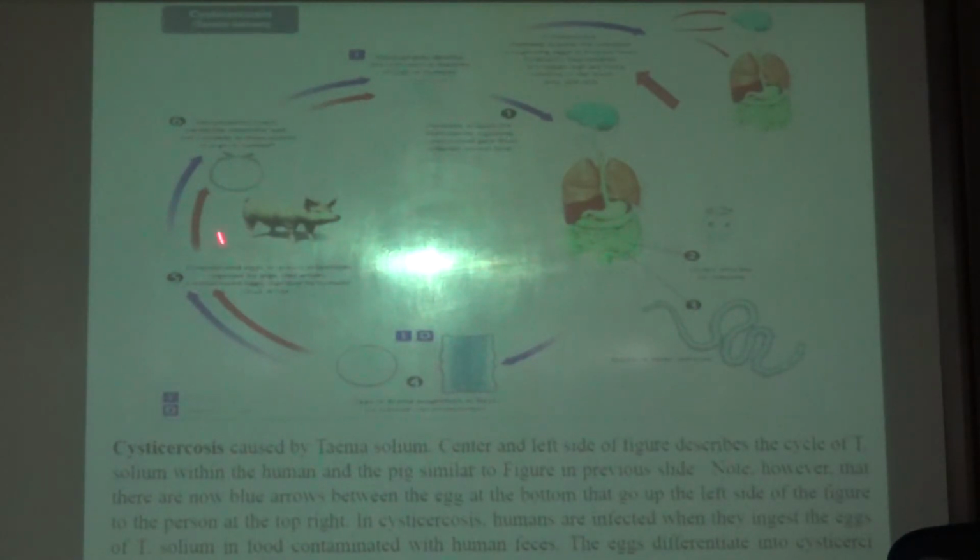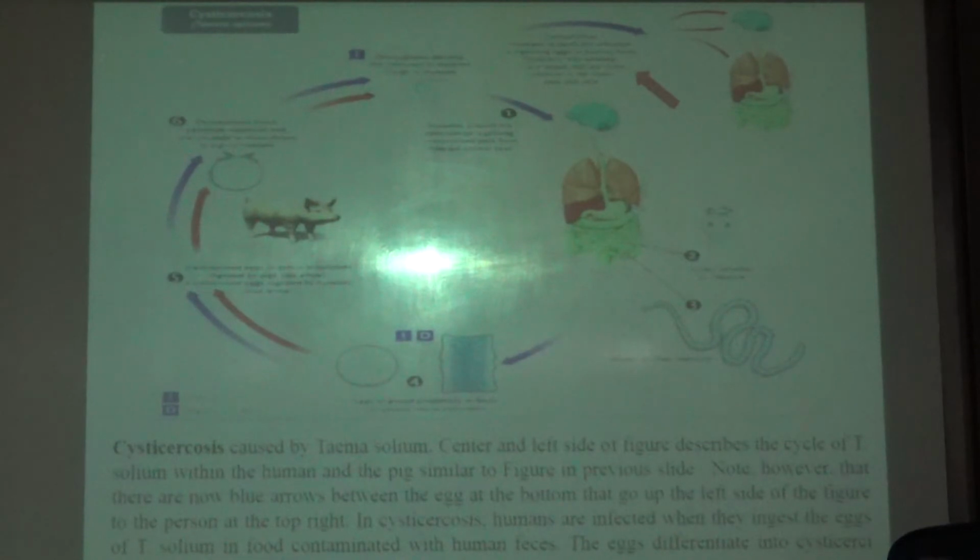This life cycle of the animal happens in the human being. That is, cysts are formed in the body of the human being, not in the animal, because in this cycle the animal is not involved. Here the eggs from the tapeworm go directly inside the body of the human being.